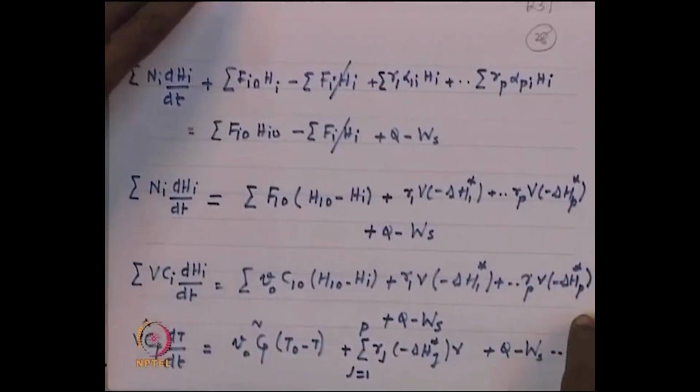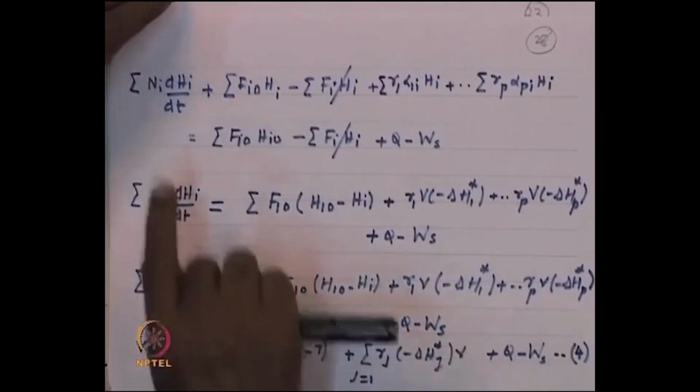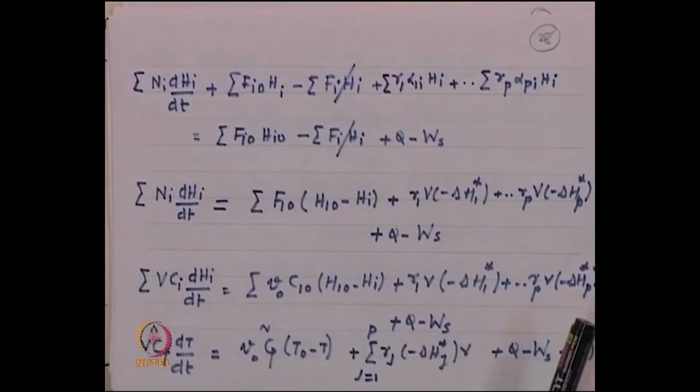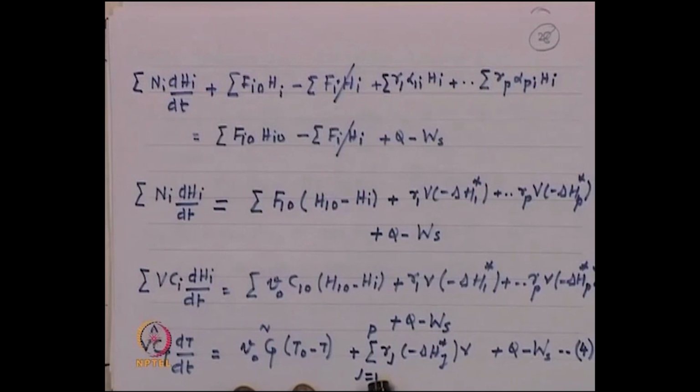What we have done is that the second term Hi dni by dt is substituted from the material balance, and then the whole equation looks something like this. The only change is that wherever the reaction term occurs, previously there was one reaction, now there are p reactions. So, this term now becomes summation j equal to 1 to p Rj delta Hj star V.